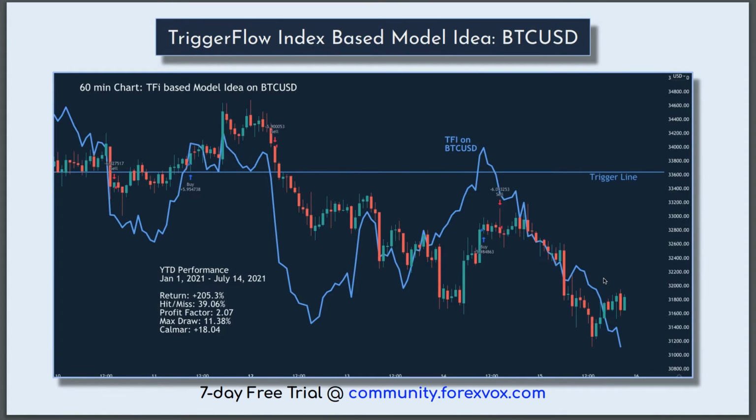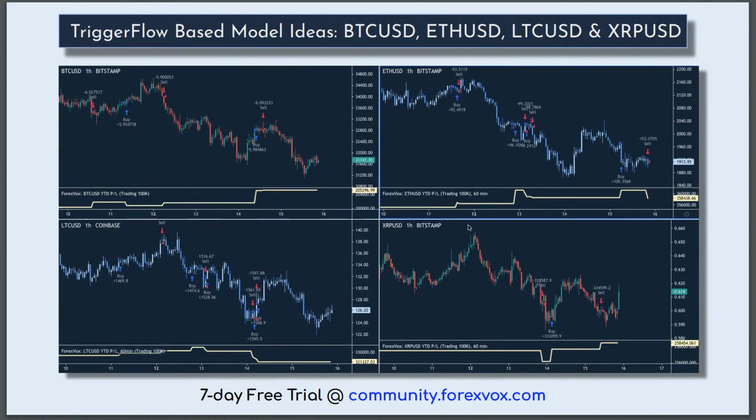So that's just how it looks in terms of the lines. What I present on an ongoing basis in the chat room, I don't show the lines. I do show the sell and buy signals.